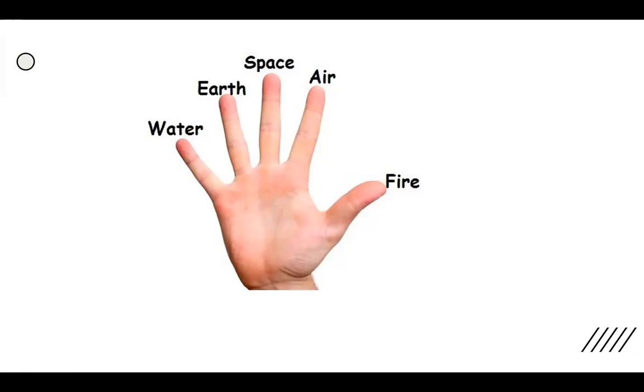But who is the activator in all of this? It is the thumb. It is the fire element. So the thumb is the most important. So you see in most mudras, all or most mudras, the thumb is involved because the fire is the activator. Right?